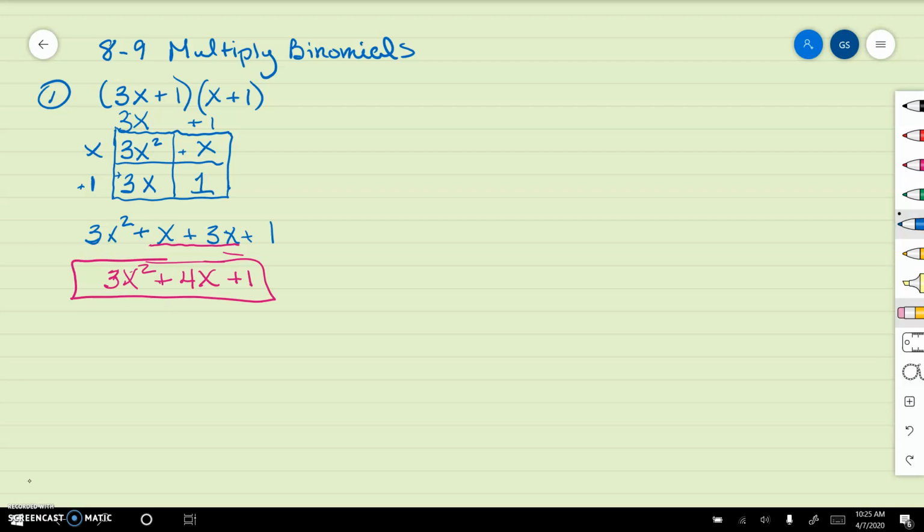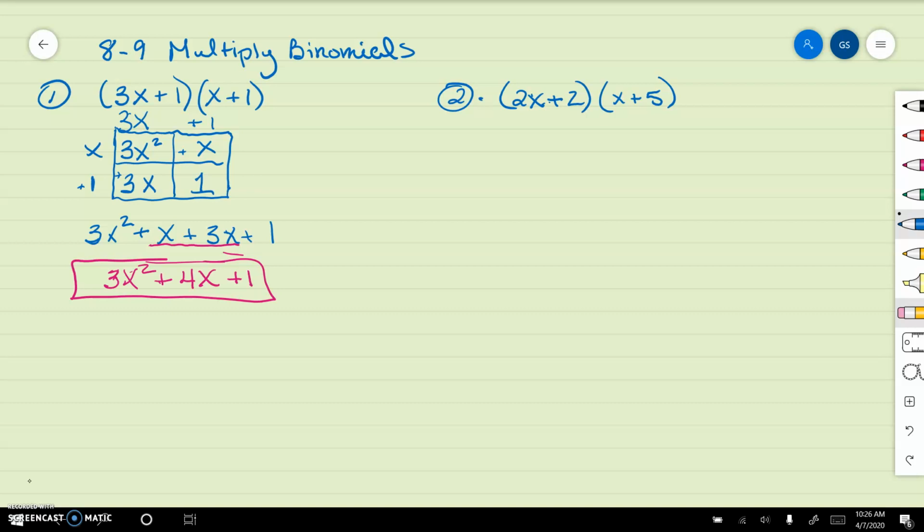Okay, example number 2 is 2x plus 2 and then x plus 5. Okay, we make a box.